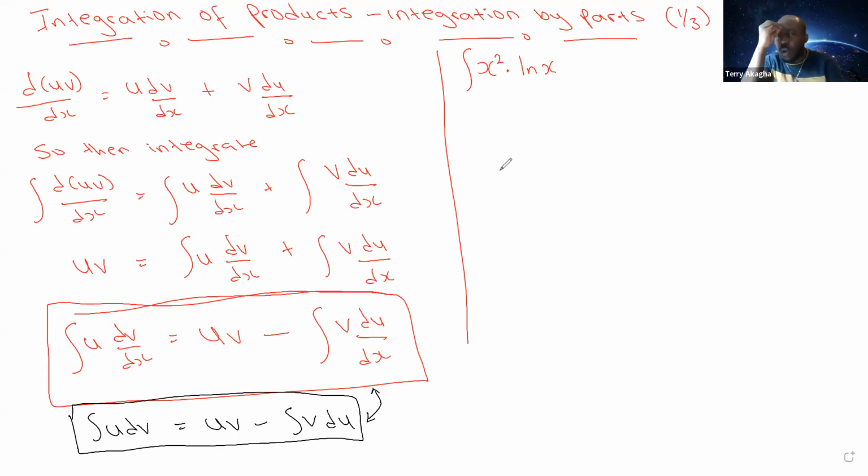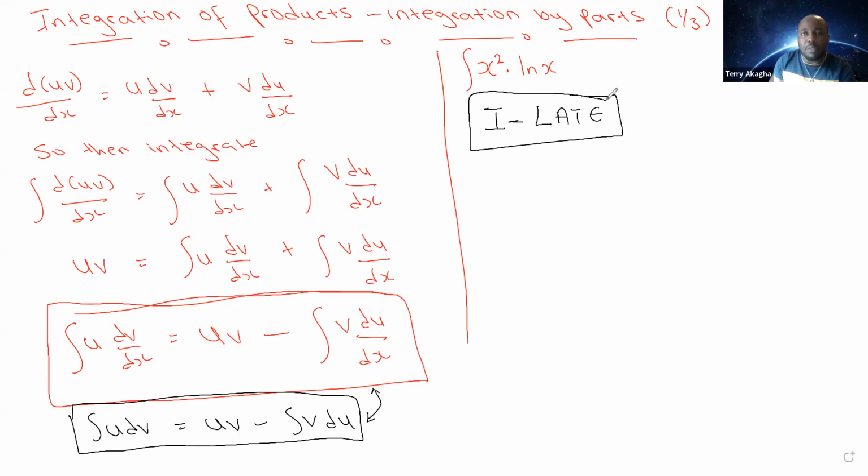So how will you know which is the U and which is the V? Personally, I use the ILATE method, the acronym ILATE, to determine which is the U. This is in order of importance.